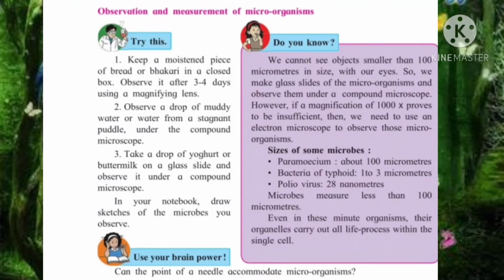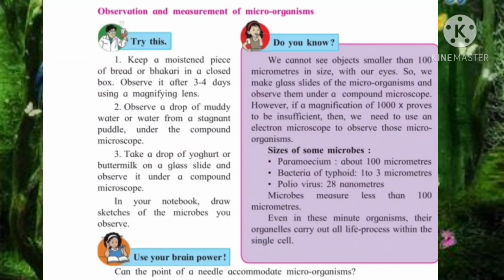Then if you take a drop of muddy water, in that also so many microorganisms are there, and if you observe that drop under the microscope, you can observe the microorganisms.